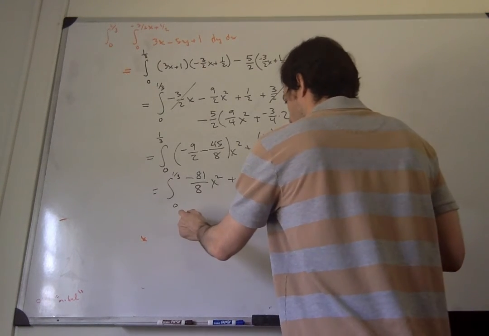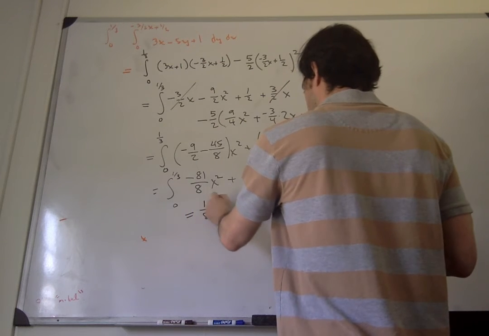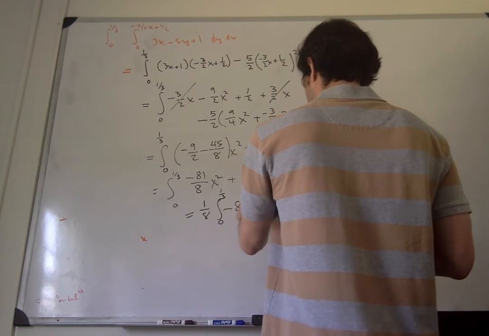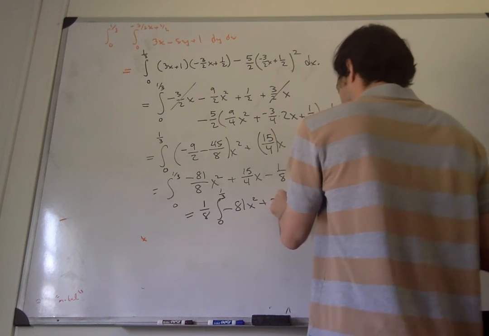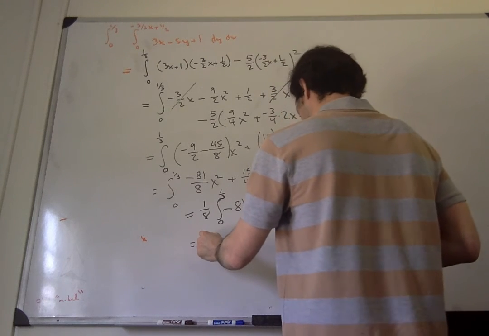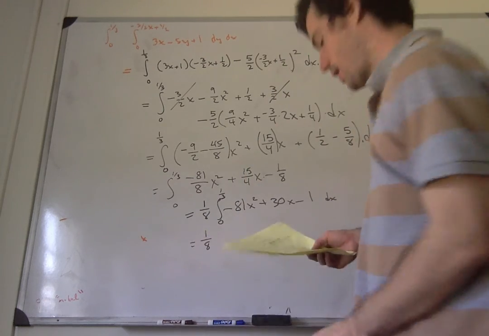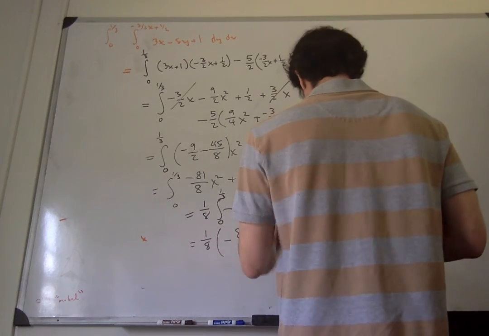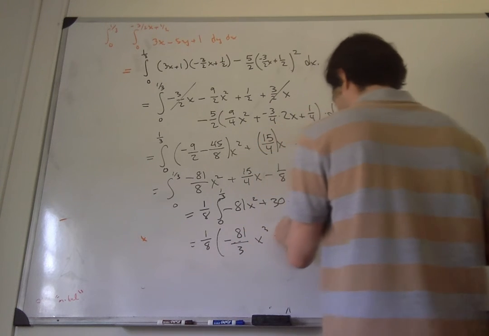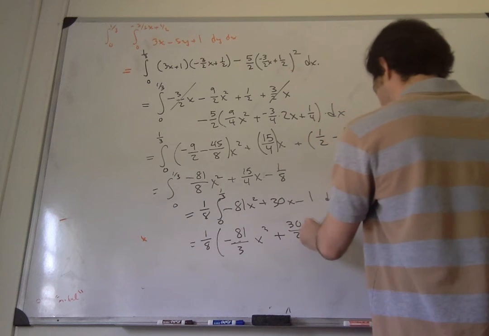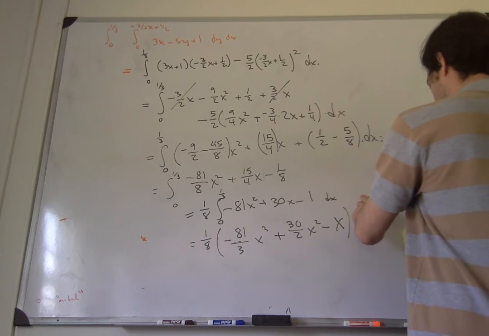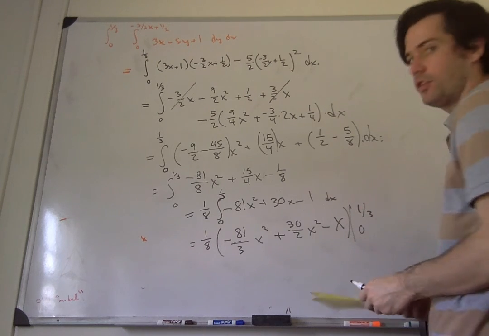And then I can rewrite this as 1/8, 0 to 1/3, negative 81x squared plus 30x minus 1 dx. And this is 1/8 negative 81 over 3 x cubed plus 30 over 2 x squared minus x. x goes from 0 to 1/3.